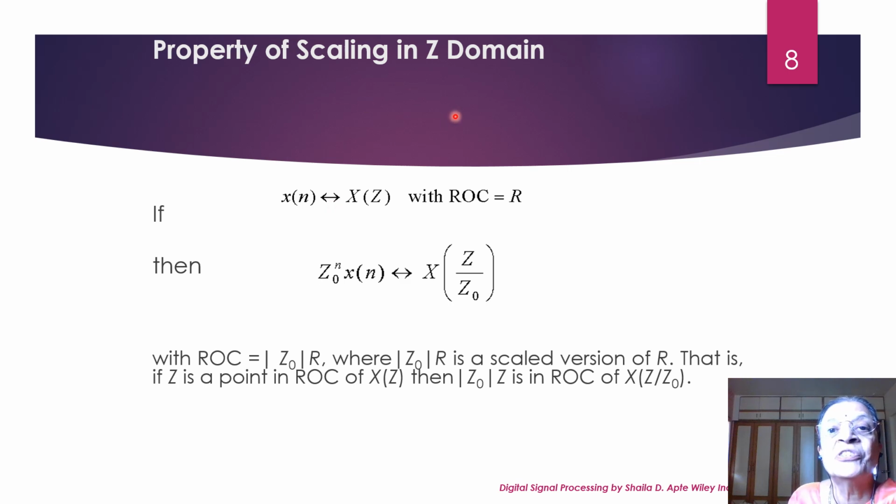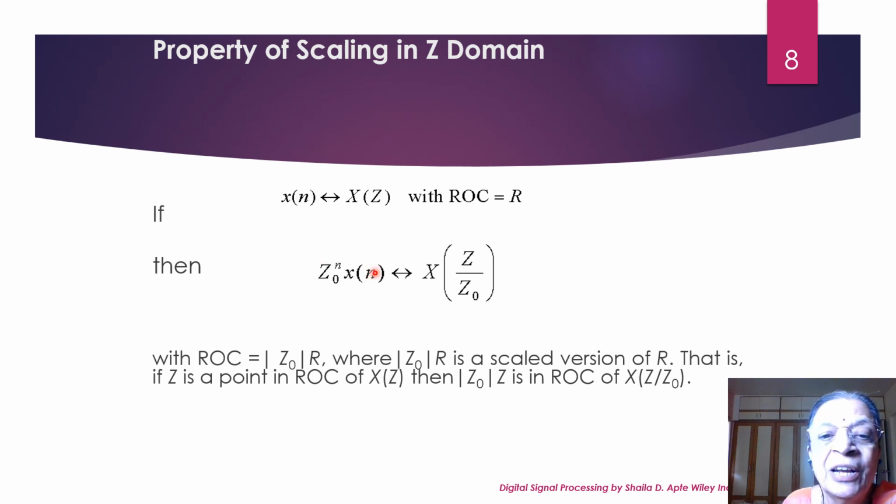Now, the property of scaling in the Z domain. If we consider the sequence x(n), which is transforming to X(z) with ROC equal to R, then in that case, z0 raised to n x(n), where z0 can be any constant, is what is called scaling.